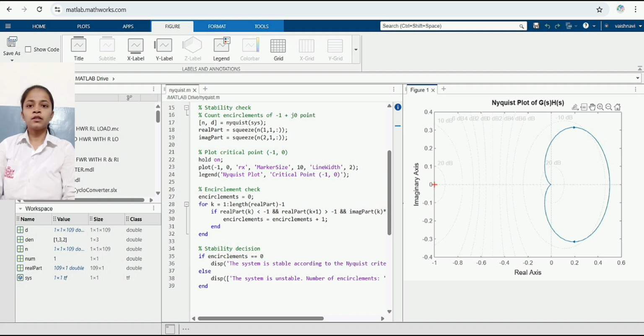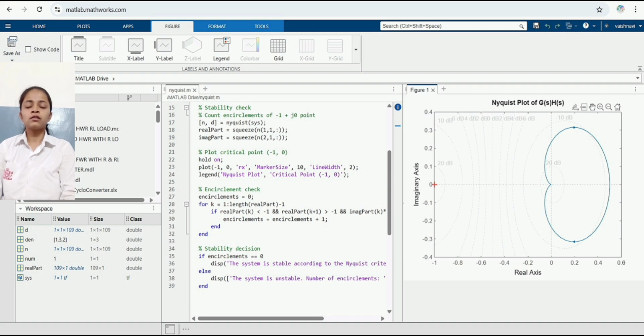Here is the basic idea of the Nyquist stability criterion. We look at how the plot encircles the critical point, which is -1 plus j0. That's at -1 on the real axis. You count how many times and in what direction, clockwise or anti-clockwise, the plot encircles the point.